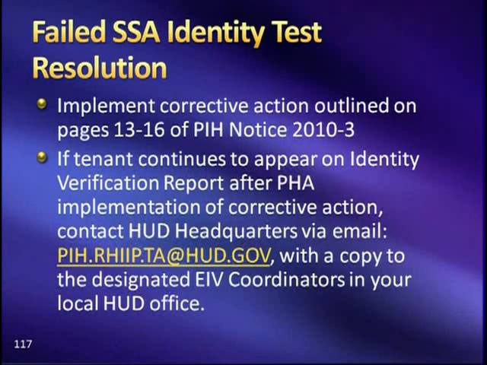And what we're asking you to provide us is your PHA code, as well as a copy of the letter that your tenant received from the local SSA office saying that their personal identifiers is this, okay? Because remember, as I mentioned earlier, if the local SSA has updated the records but it hasn't gone into the mainframe in Baltimore where we match, we need to make sure that that issue is resolved, and that's an issue that HUD can work out with SSA, okay?